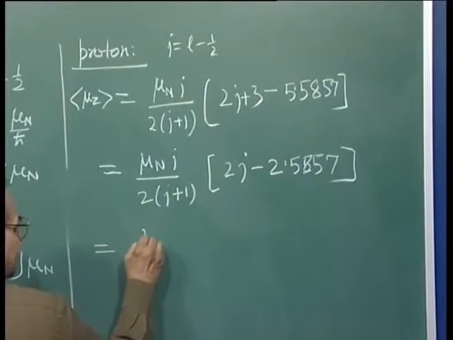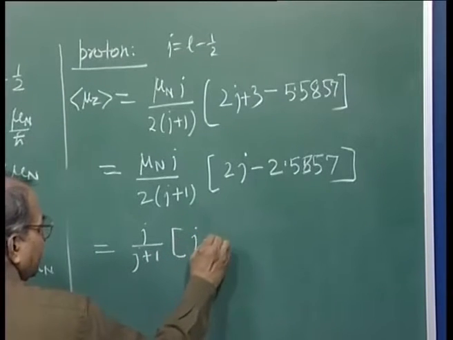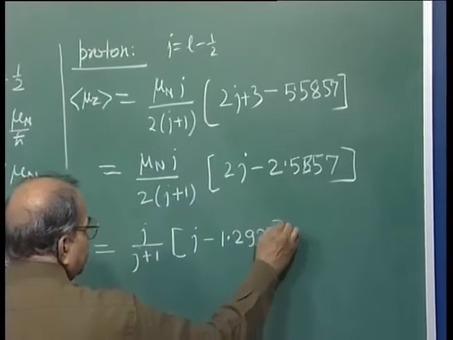Can write it J over J plus 1, J minus 1.2928.